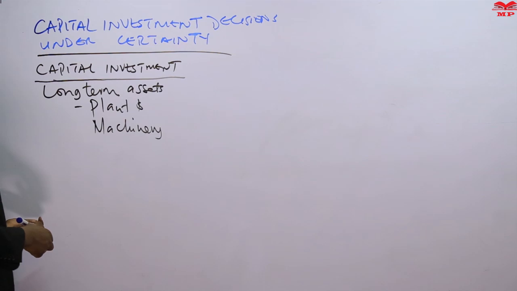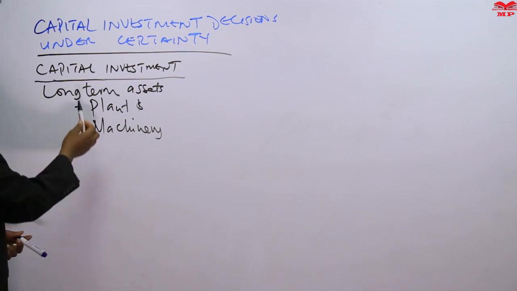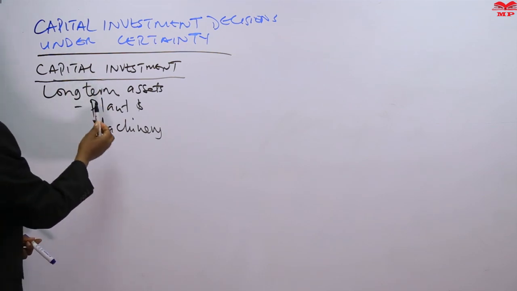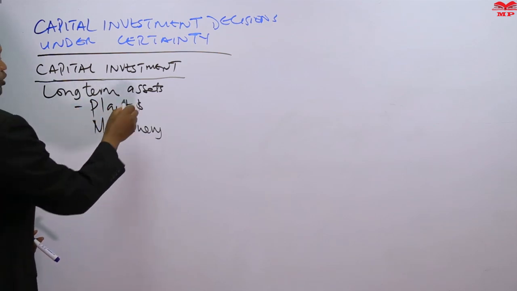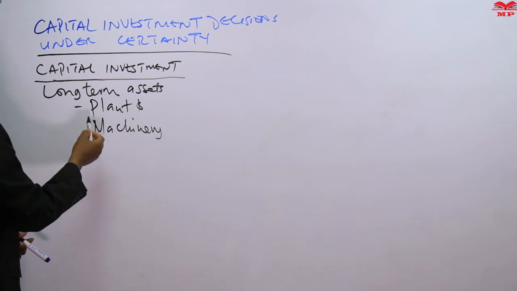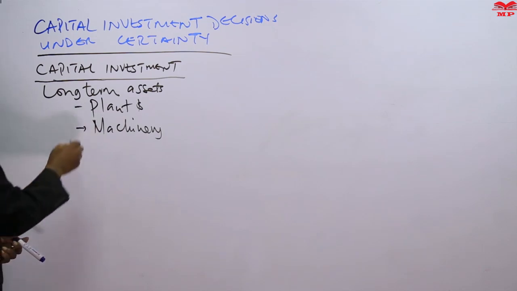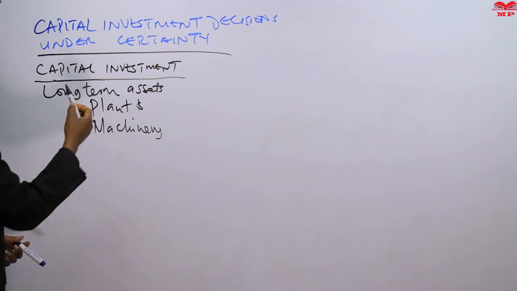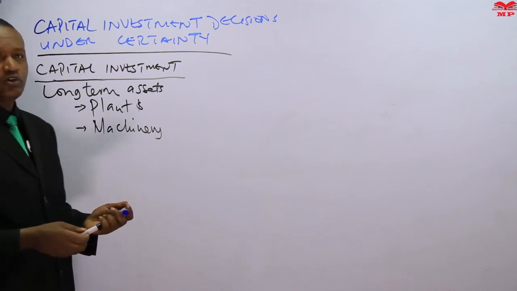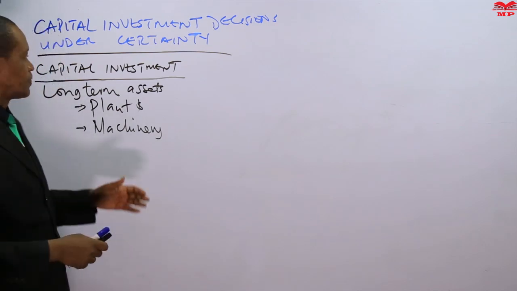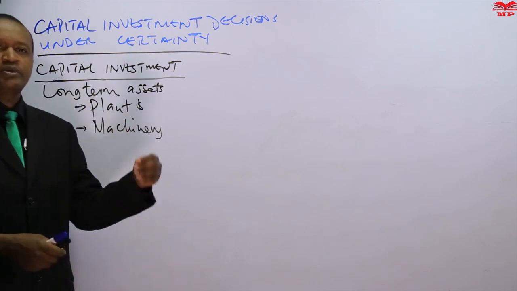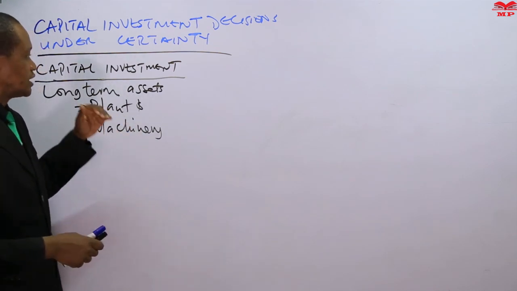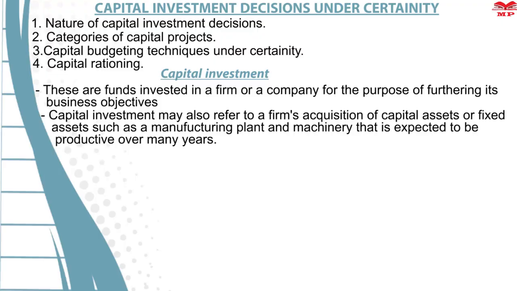So that is what we mean. And the finance manager is expected to advise the company when such decisions are to be made. That is his or her jurisdiction. So capital investment again is simply the investment in long-term assets.